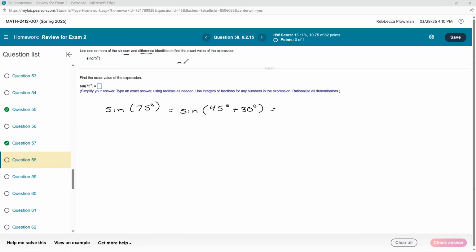So if you go back to our identities, we have sine of alpha plus beta is just going to be sine alpha cosine beta plus cosine alpha sine beta. Or we have sine alpha minus beta, which is then going to be sine alpha cosine beta minus cosine alpha sine beta.